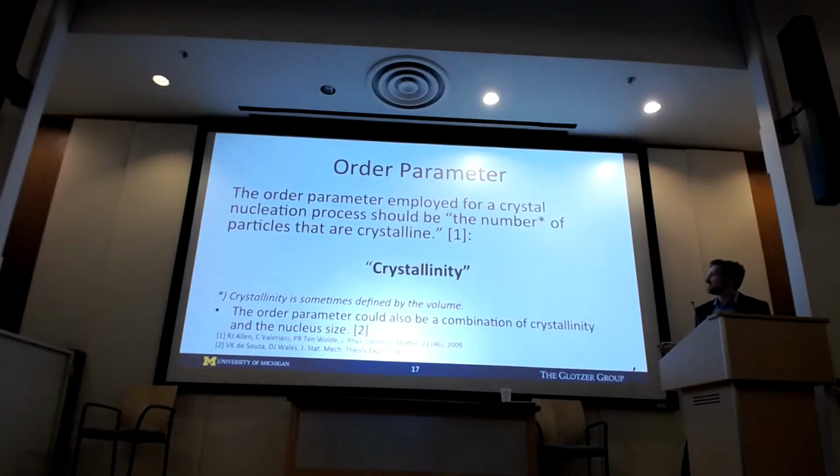This is what we usually refer to as crystallinity, and we can either take the number or the volume of the crystal. But sometimes it's a little better to not use every particle that is crystalline, but to actually look at the largest cluster. We will only count those that are in the largest cluster.